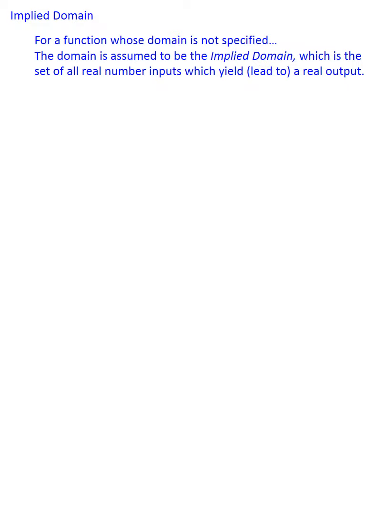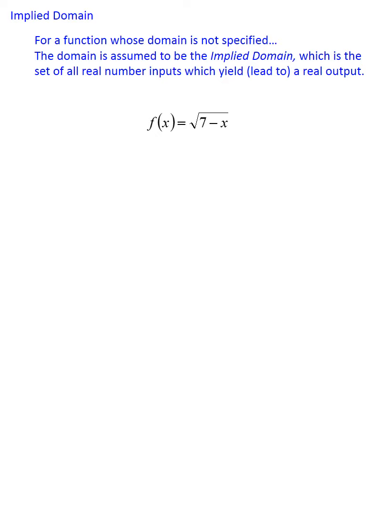In other words, if a function is listed as a formula and no domain is specified, the implied domain is assumed to be all real numbers that you could plug into that function as an input that would yield or lead to a real output. Now, why would an author of a function neglect to state the domain? Well, it happens quite a bit. And so we have this concept of implied domain.